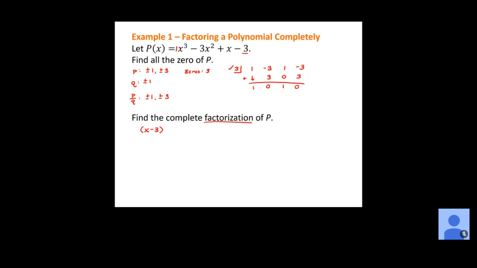And what else is going to be a factor? Right, so this line right down here now, the 1, 0, 1, is going to be x squared plus 1. So the 0 represents the x term, so there is no x term this time. So it's just going to be 1x squared plus 1. Any questions about how I got those factors?